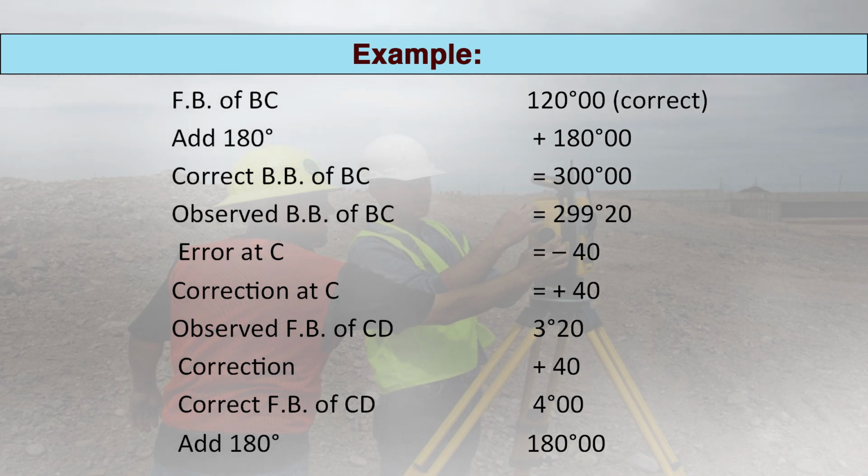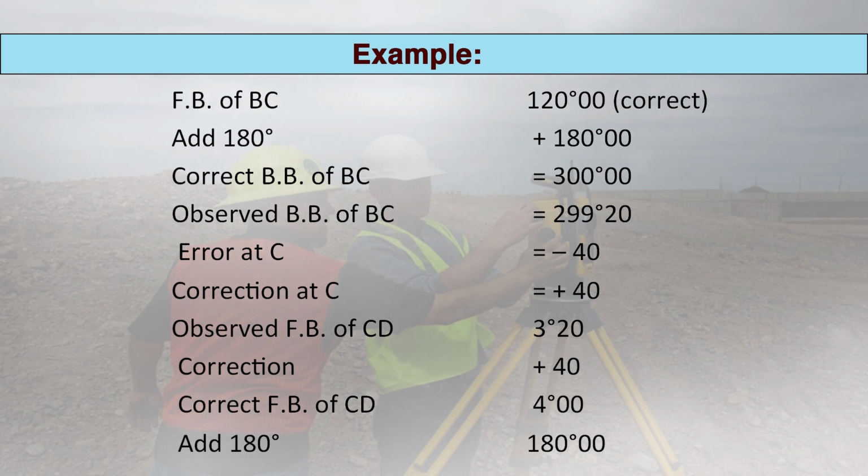We add 180 degrees to this to find the correct back bearing of BC, which is 120 degrees plus 180 degrees, resulting in 300 degrees. The observed back bearing of BC is 299 degrees 20 minutes. So, the error at C is 300 degrees minus 299 degrees 20 minutes, which gives minus 40 minutes. If the error at C is minus 40 minutes, the correction will be plus 40 minutes.